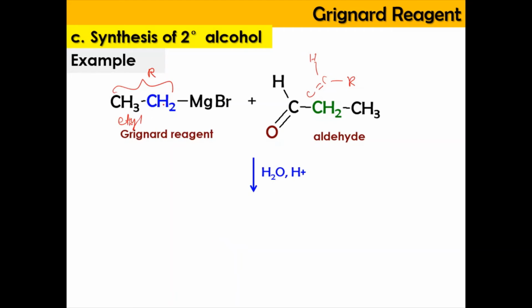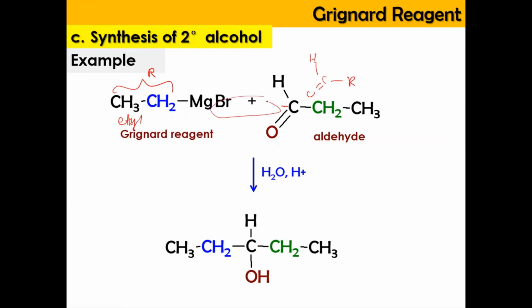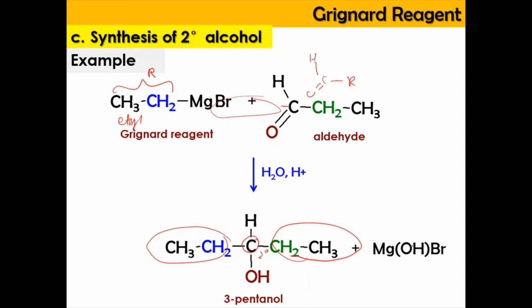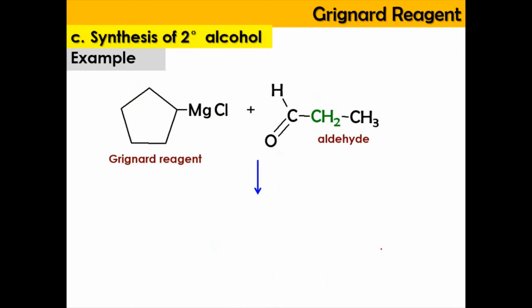CH3CH2 attaches on this side, and CH2CH3 on the other side, and the O here becomes OH. This produces a secondary alcohol because the carbon here is attached with 2 alkyl groups. This is known as 3-pentanol, and the side product here is MgOHBr.